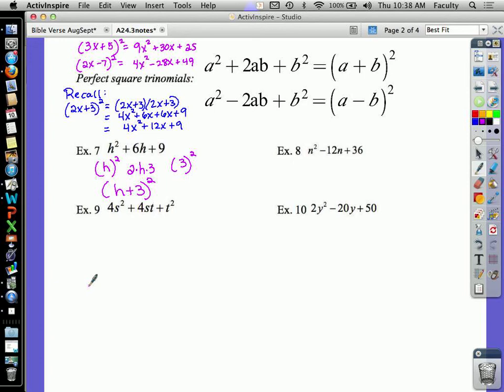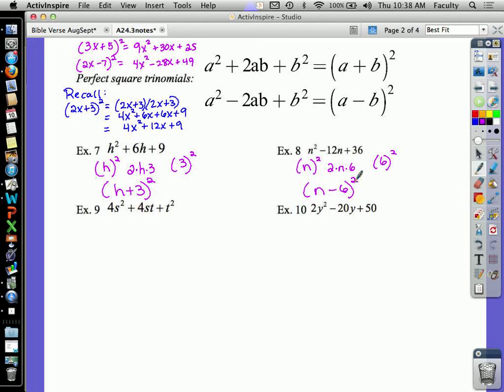Let's do example 8. This is n being squared. This is 6 being squared. Is the middle term 2 times n times 6? Yes. Now it's a minus, so it's n minus 6, the quantity squared.